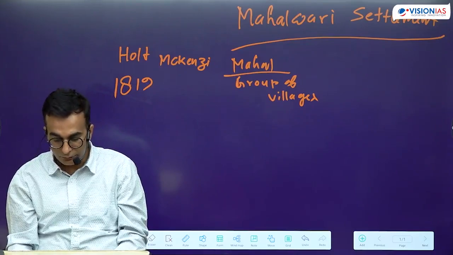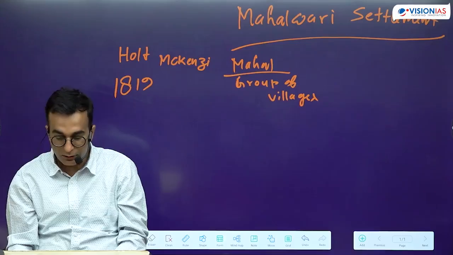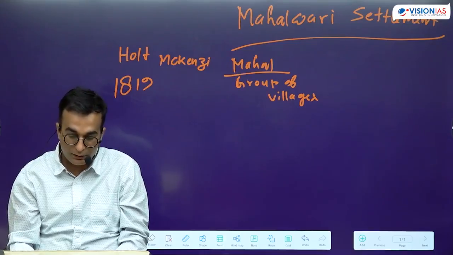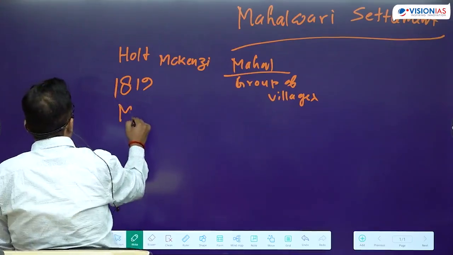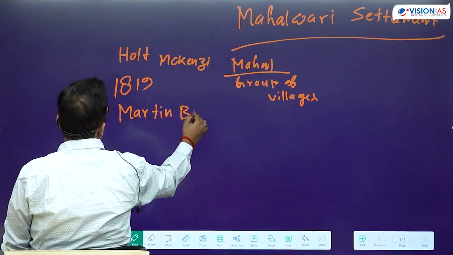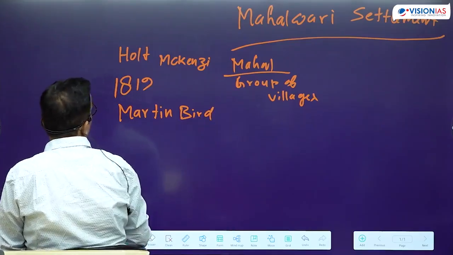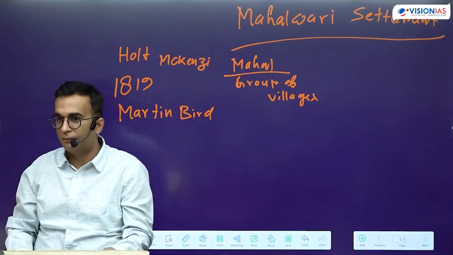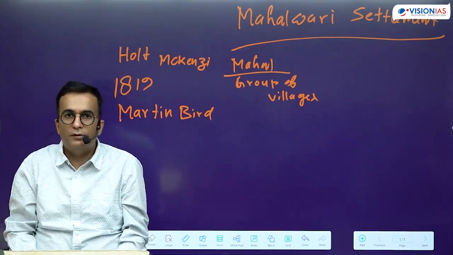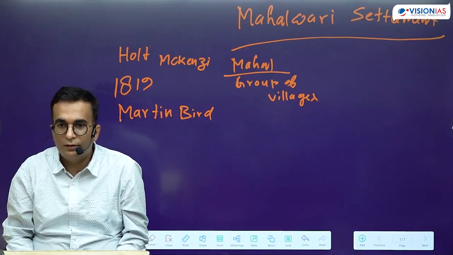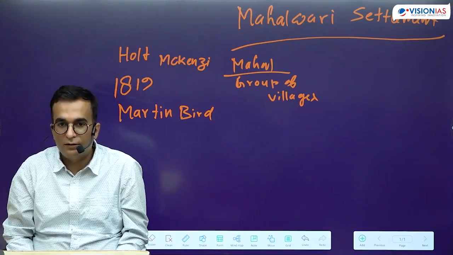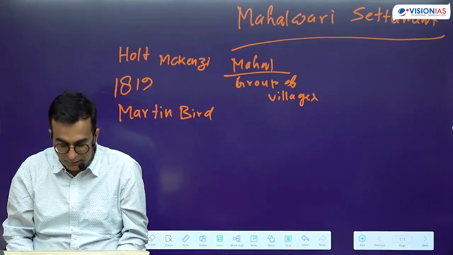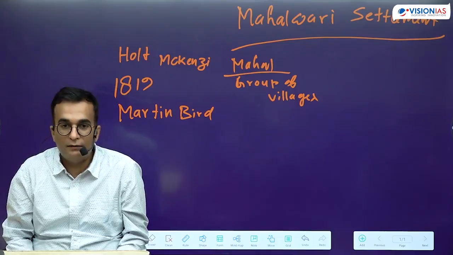Later by 1822, Martin Bird extended it to the rest of North India. Then mention it covered near about 30% of British India. 30% area of British India.